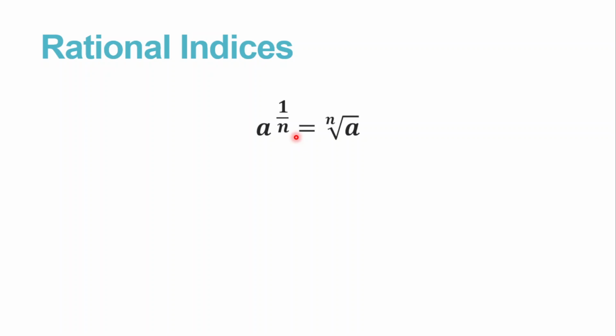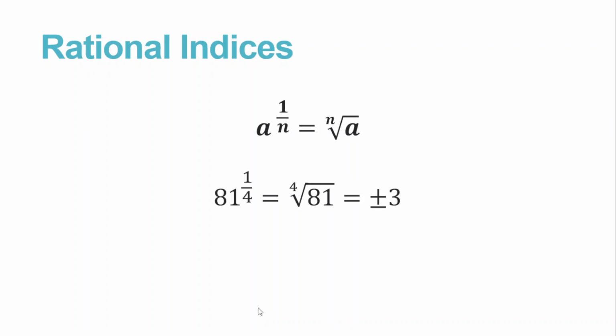That will give you the square root of x. So we have this specific formula here. Now let's say we have 81 raised to 1 over 4. If we flip it, it will become the fourth root of 81. If we plug that in the calculator, it will give you positive or negative 3.